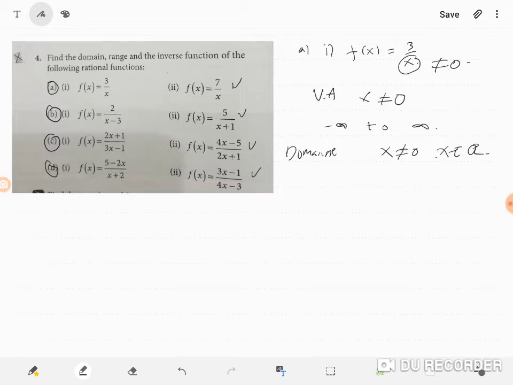And then how about the range? For the range, you find the horizontal asymptote. How do you find the horizontal asymptote?